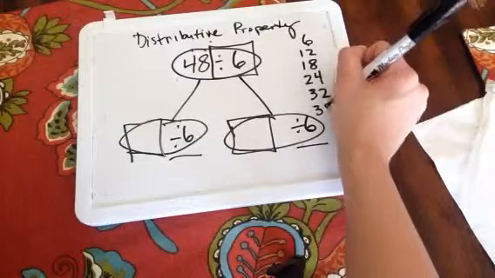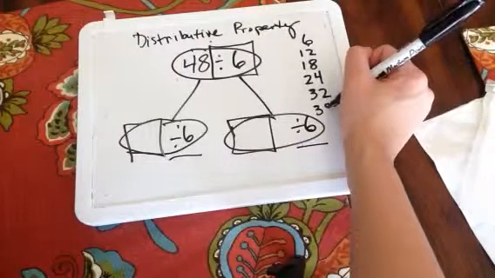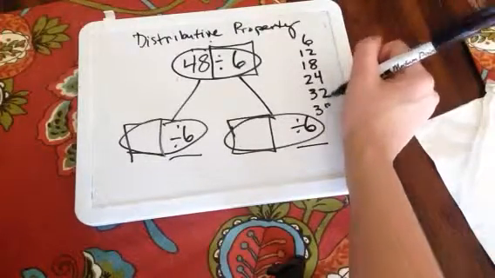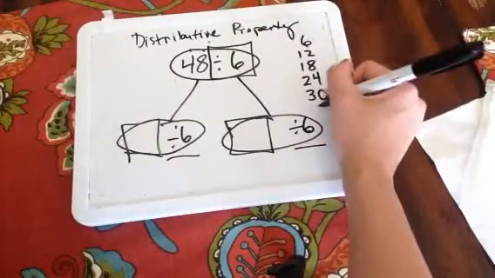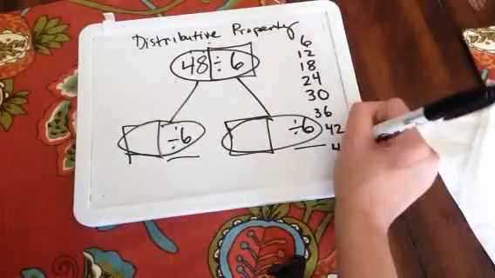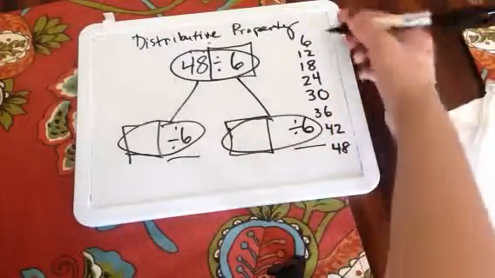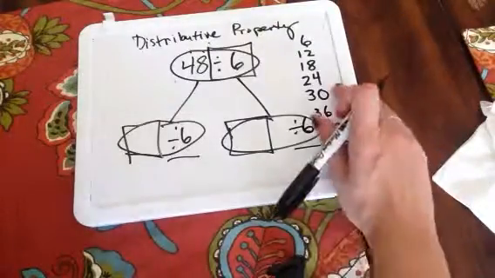Yeah. 32 plus 6 is... Something is off. Oh, no wonder. 36, 42, 48. Okay, so I've counted up by 6s to 48. I don't have to go that far. I could go to 30.